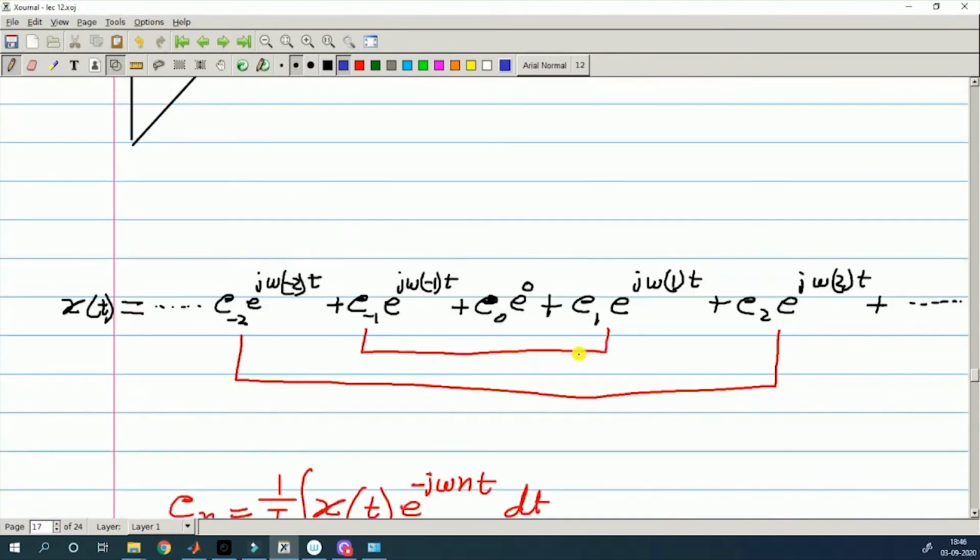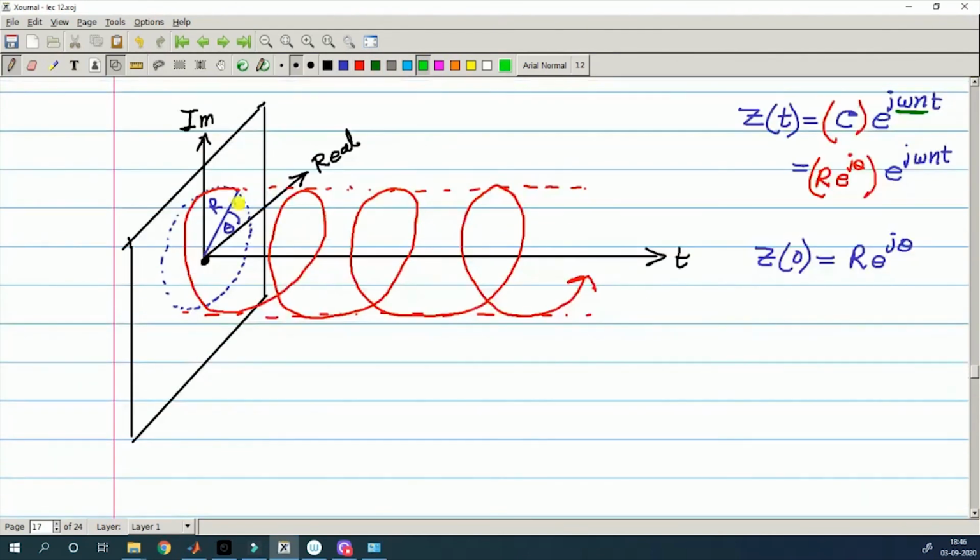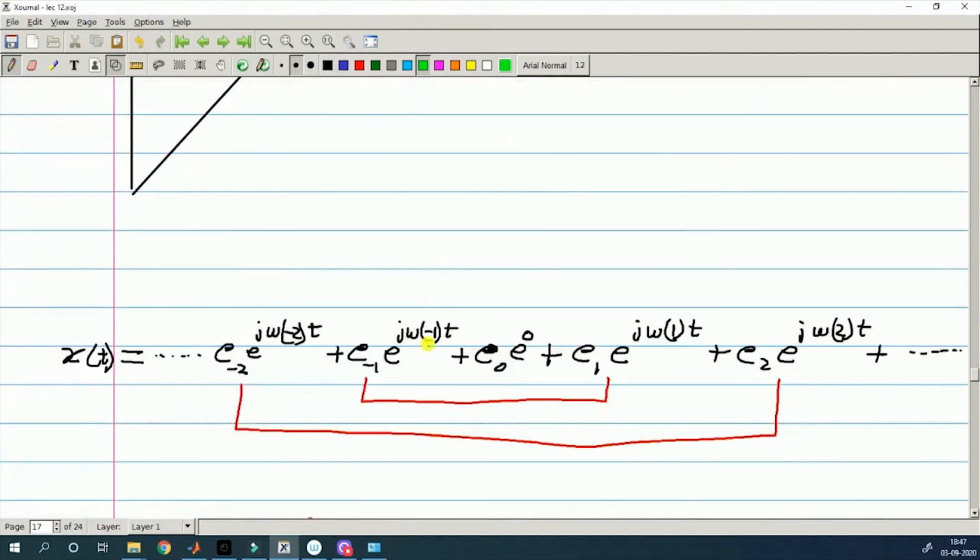That means if you consider, say, these two signals which are rotating like a spiral with opposite angular velocity, their coefficients are complex conjugates of each other.